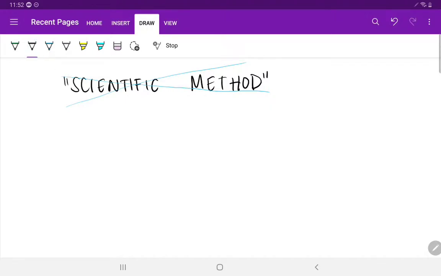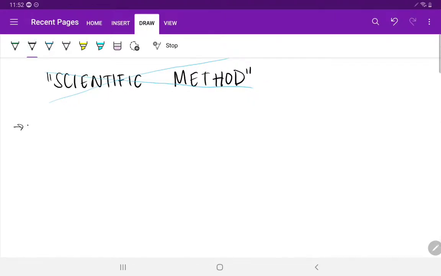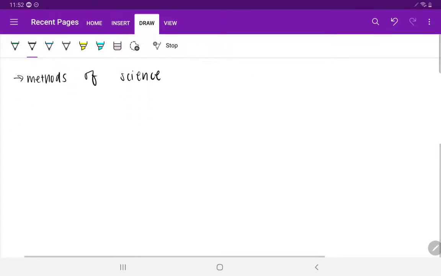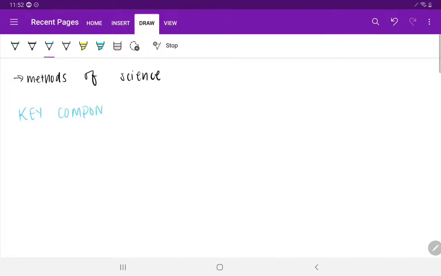Instead, it might be better to call it methods of science, because there are often multiple different paths that can be taken when approaching a research problem. However, no matter what path people may take, there's often a few key components that are included. So we'll go over those key components today.